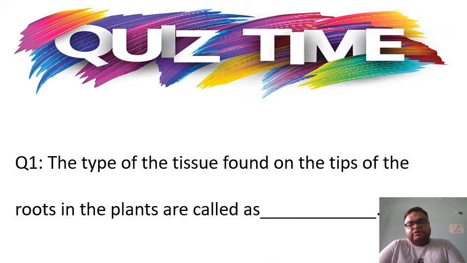Now there is one question for you. I'll read this question out for you, then I'll give you 30 seconds to think about it, and then you can answer. Okay. So the type of tissues found on the tip of the root in the plant are called as what? I'll repeat again. The type of tissues found on the tips of the root in the plants are called as, I'll give you 30 seconds to think about it.